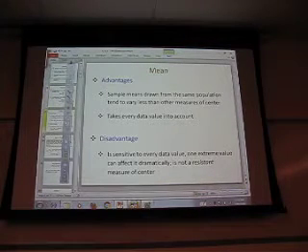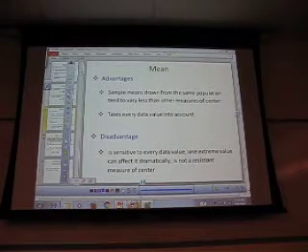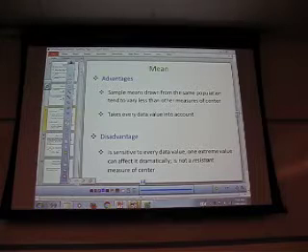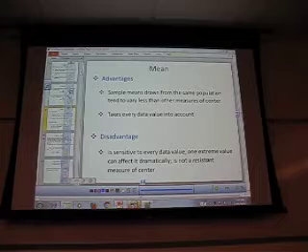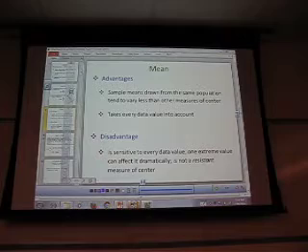Okay, some advantages to the mean. Sample means drawn from the same population tend to vary less than other measures of center. It takes every data value into account. Keep going.